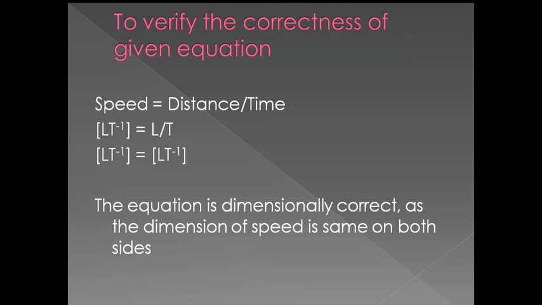The dimensional formulas are the same on the left side and right side. Therefore, this equation is dimensionally correct, as the dimensions of speed are the same on both sides. So this is about verification.